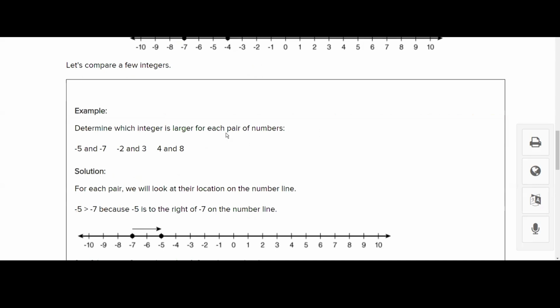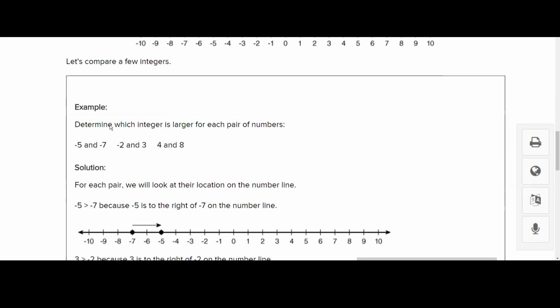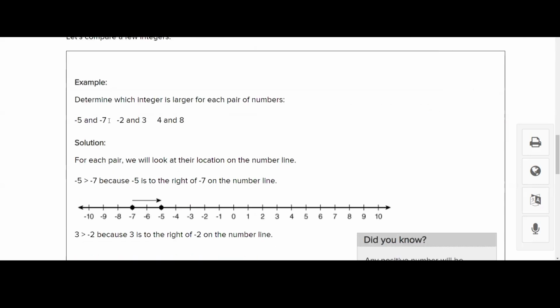Determine which integer is larger for each pair of numbers: -5 and -7, -2 and 3, 4 and 8. -5 is larger than -7. -2 is smaller than 3, so 3 is larger. And 8 is larger than 4.